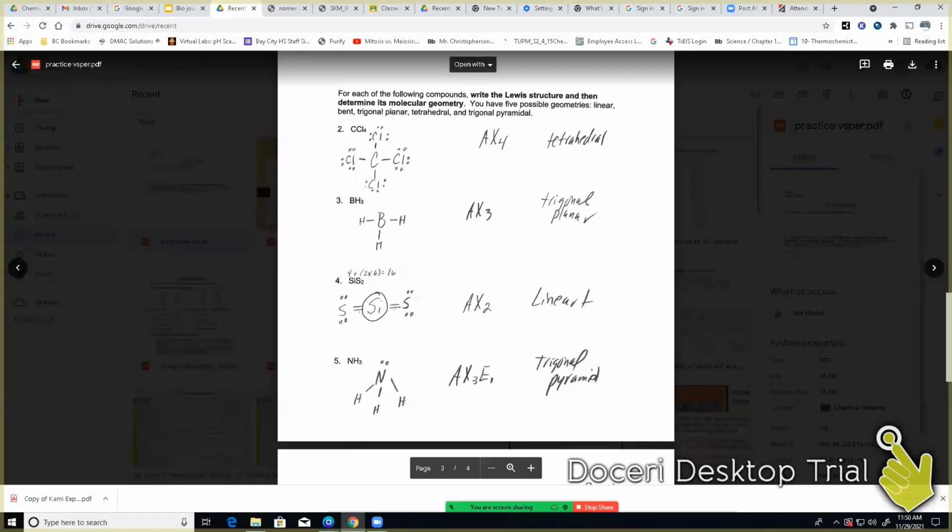Si is my central atom, and it has 2 bonds, so it has 2 electron domain areas. The fact that this sulfur has some lone pairs doesn't matter because it's not in the middle. I'm concerned about what's going on in your central atom. Because that was some of the questions that came up from my last 2 periods that I had before y'all.